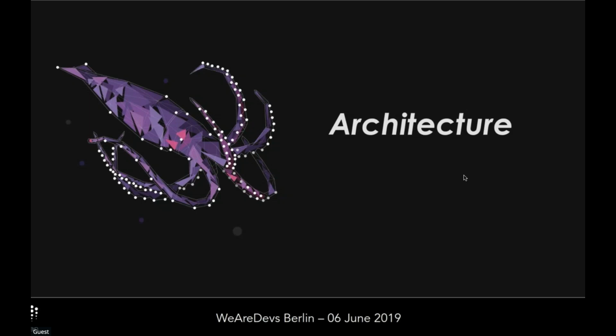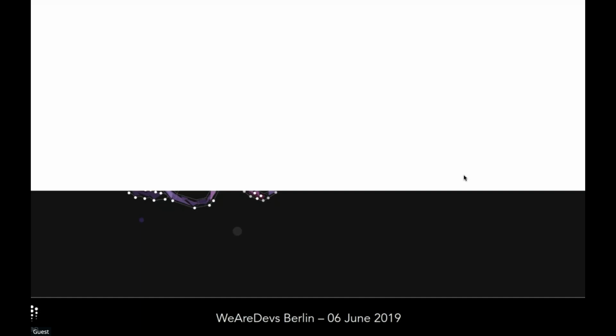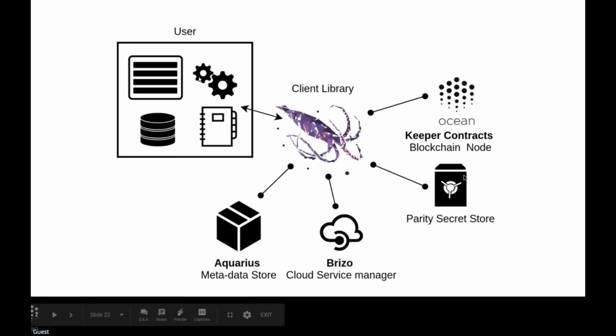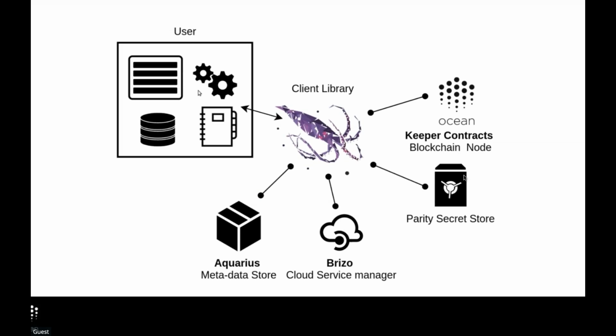So now let's talk a little bit about the architecture of Ocean Protocol. So at a very high level, we have the user, so some type of client, and this could be this Commons Marketplace as a browser application. And I'll show you another demonstration for a data science user after these few slides. So the user is always going to interact with Ocean typically through some client library.